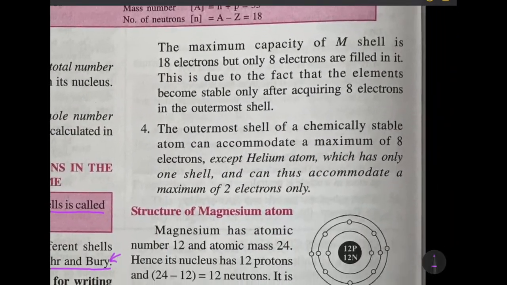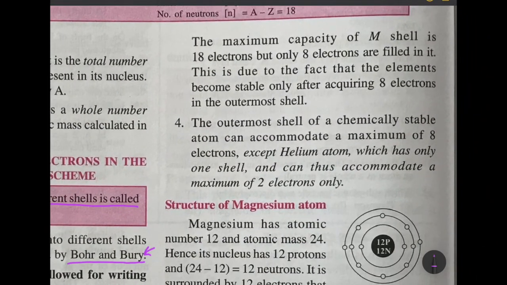Now, the maximum capacity of the M shell is 18. When we use the formula 2n square for the third shell, it has to be 18. But only 8 electrons are filled in it, because the elements become stable only after they have 8 electrons in the outermost shell. That is known as octet configuration.